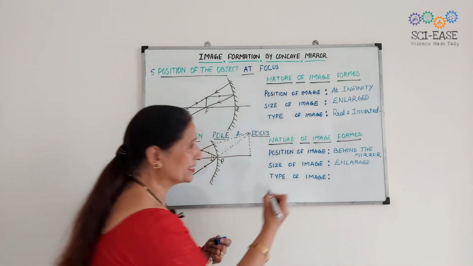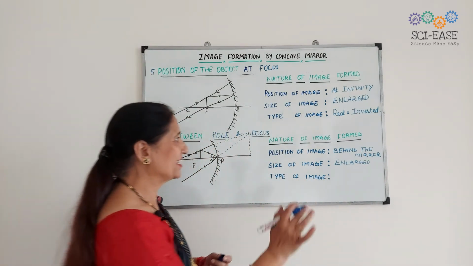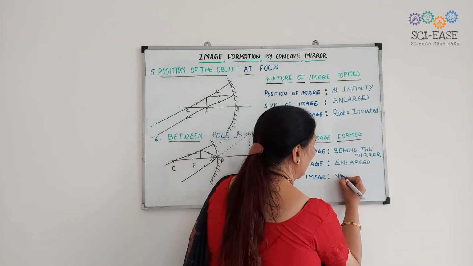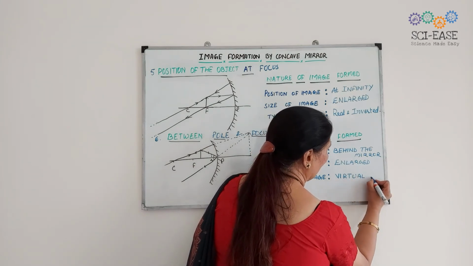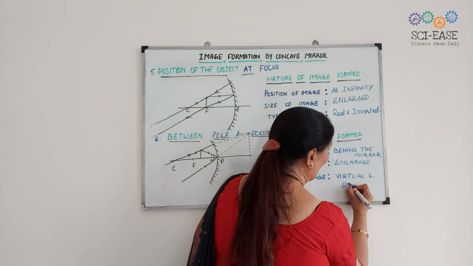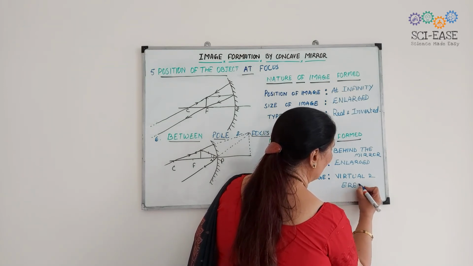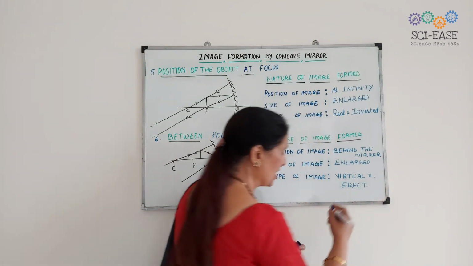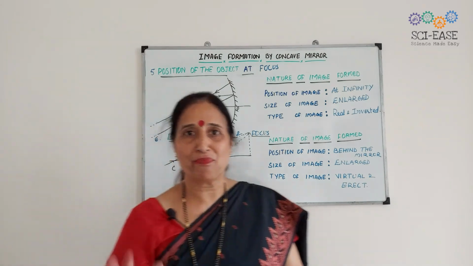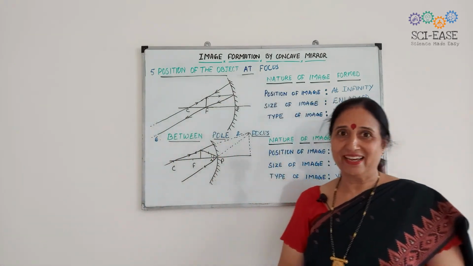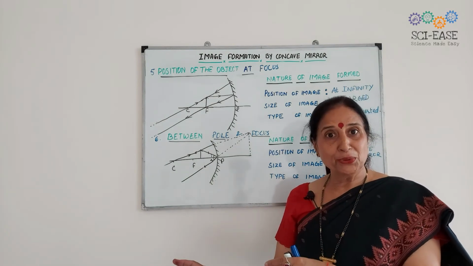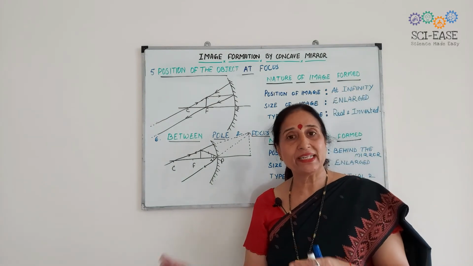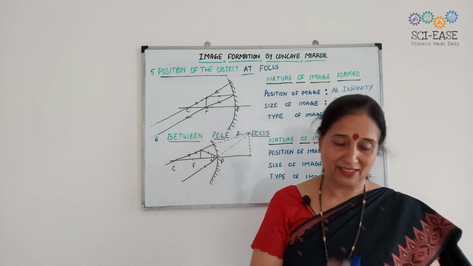And what is the type of the image formed? It is virtual and erect. So this is all about the ray diagrams formed by the concave mirror. I think all these diagrams are clear to you. You must practice them two-three times and then you will be perfect.